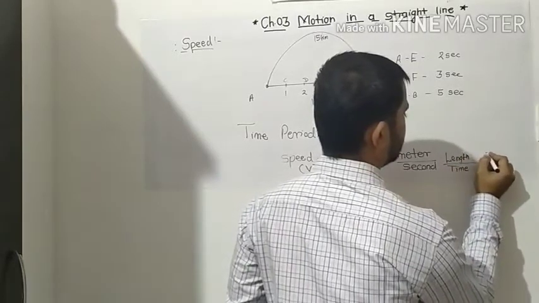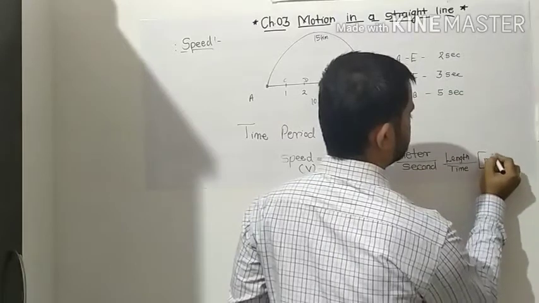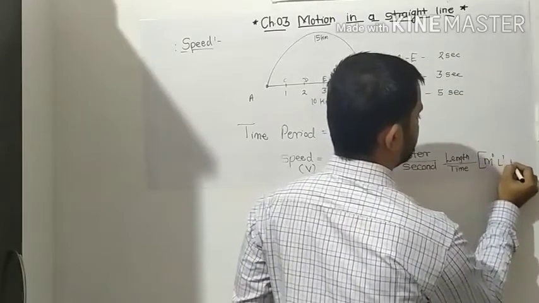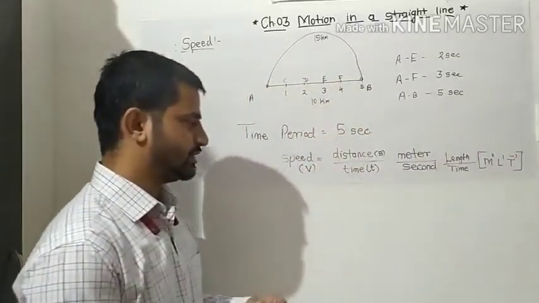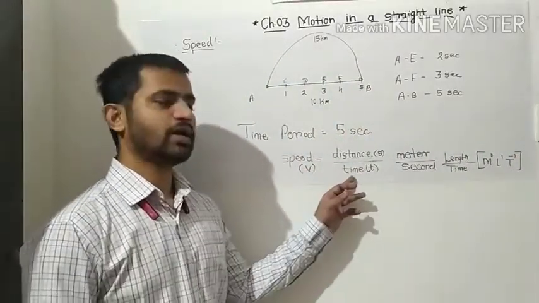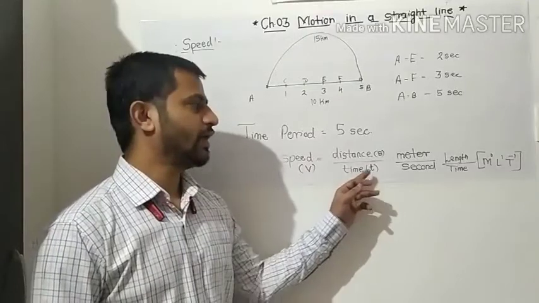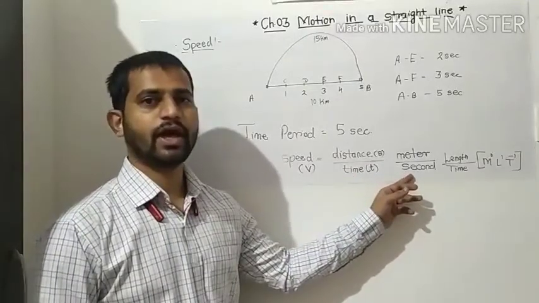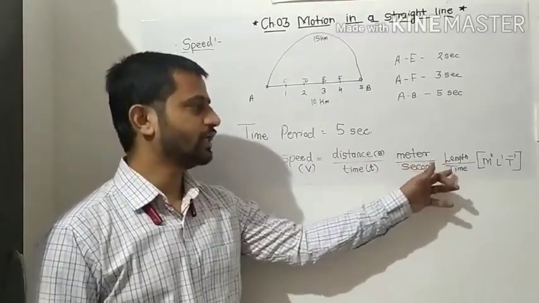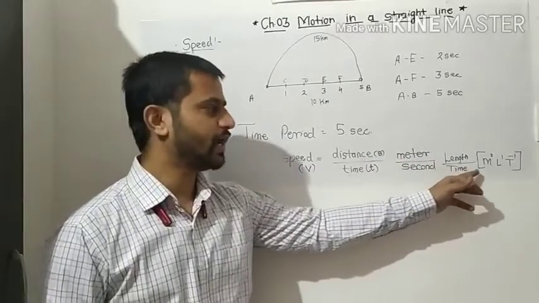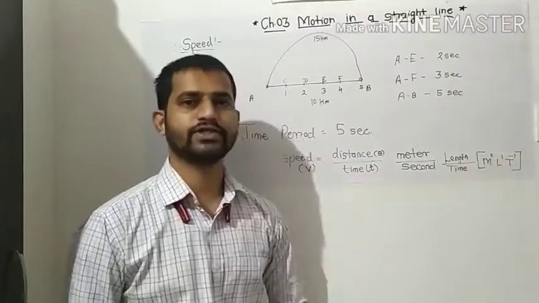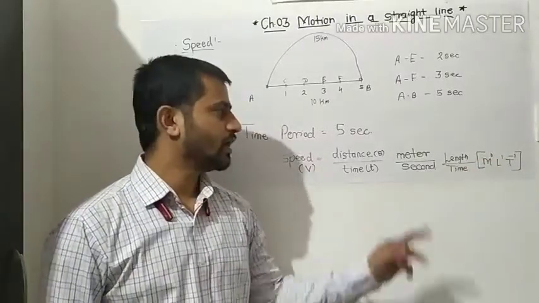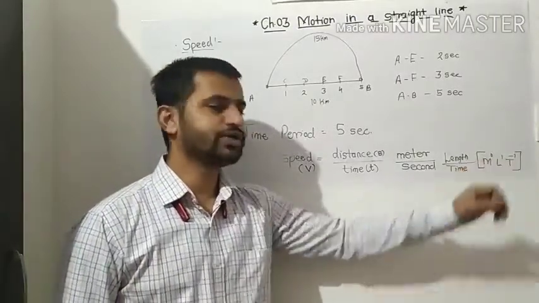So we can write here M raised to 0, L raised to 1, T raised to minus 1. So speed has the formula distance upon time, the unit meter per second, the dimensional formula length upon time, and the dimensions M raised to 0, L raised to 1, T raised to minus 1.